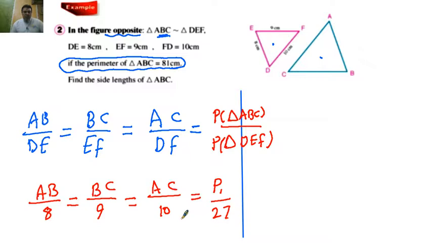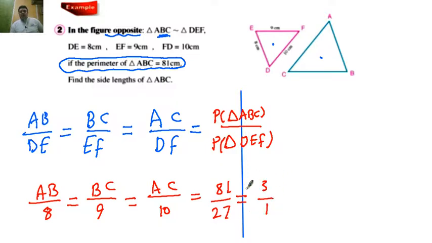We substitute the perimeter of triangle ABC by 81. This is the known ratio. By simplifying, dividing by 9 and then by 3, it equals 3 over 1 or 3 to 1.